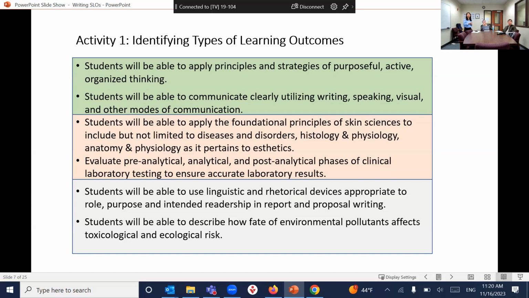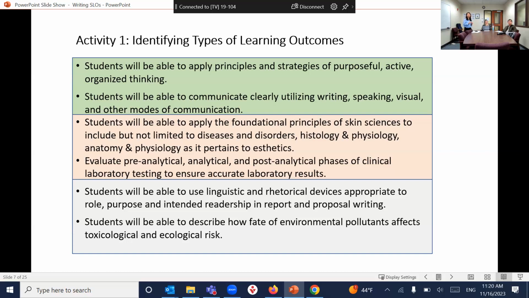So the first two: students will be able to apply principles and strategies of purposeful, active and organized thinking. Students will be able to communicate clearly utilizing writing, speaking, visual, and other modes of communication.